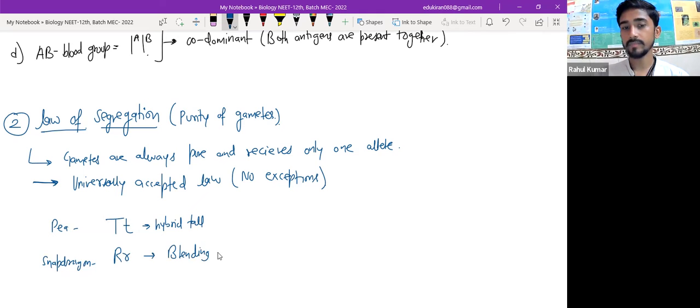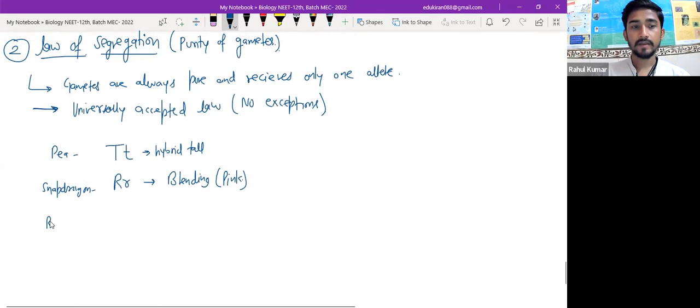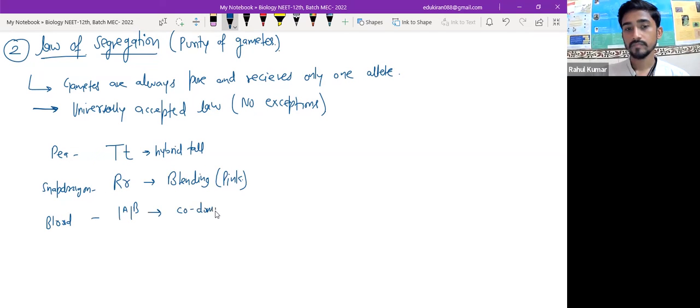No dominance, incomplete dominance, and it is pink, right? And in blood group, A and B shows codominancy, right? All these three different things, whether they follow law of dominance or they do not follow law of dominance, they always follow law of segregation.